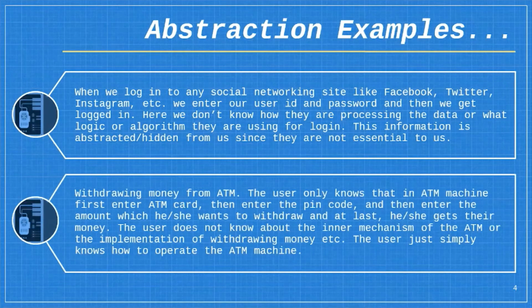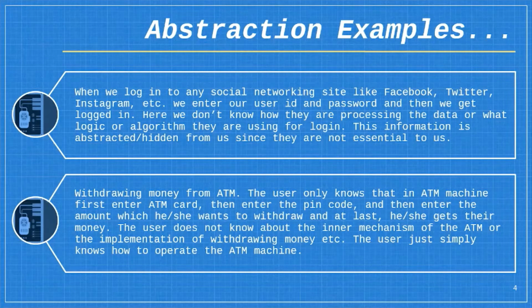So let's consider another example. Nowadays, almost all banks provide a debit card that we can use to withdraw money from an ATM or to make any purchase, whether at a shop or online. Let's say you hold a debit card and you are going for a cash withdrawal at an ATM machine.